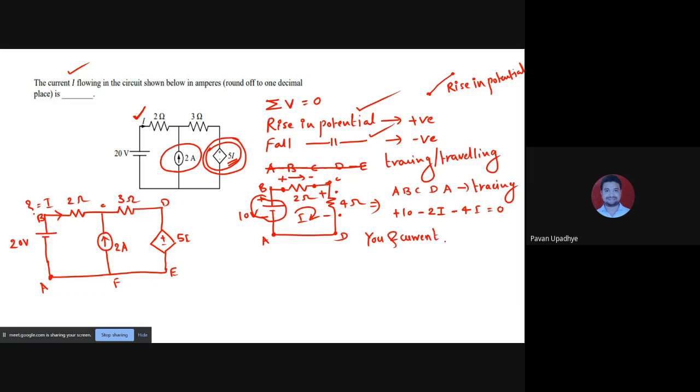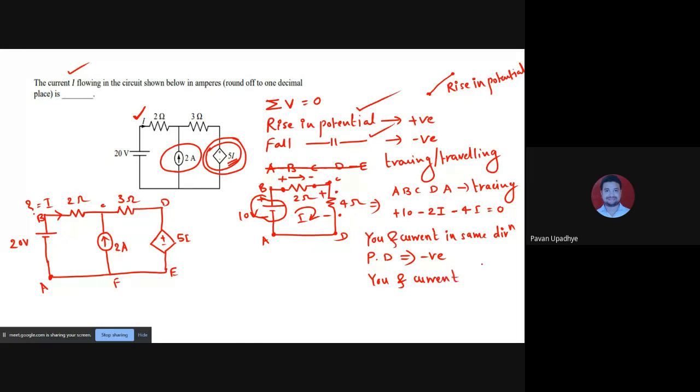In case of resistors, when you want to decide whether it is a rise in potential or a fall in potential, there are thumb rules. If you and current are moving in the same direction, then the potential drop should be considered negative. When I say you, it means you were traveling.